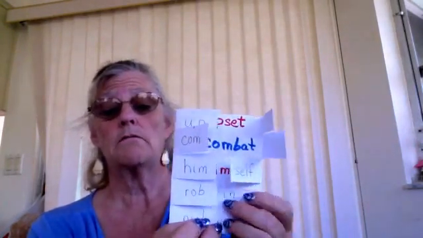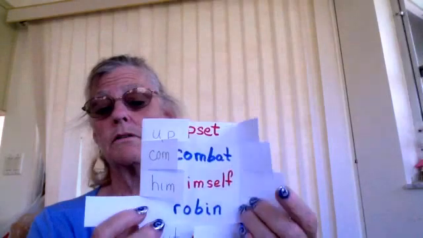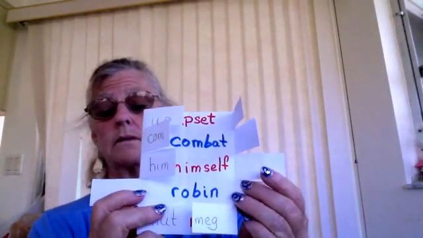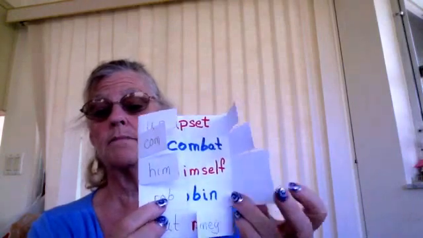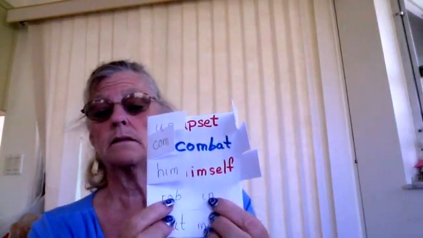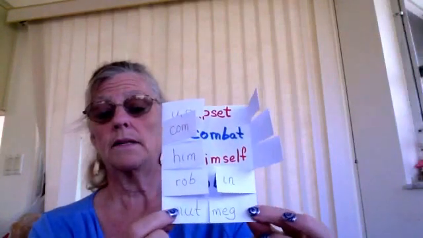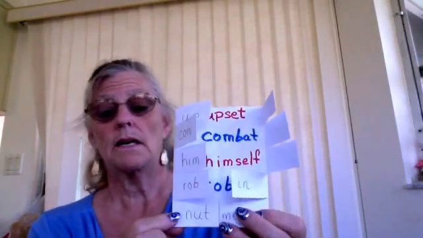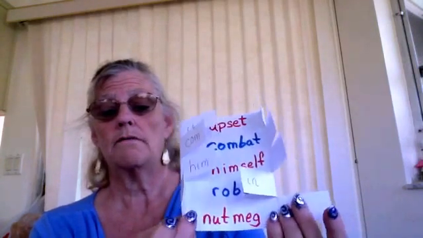We have rob, in, makes robin. Rob, closed because of the B, in, closed because of the N. And then down here we have nut, meg, we have nutmeg.